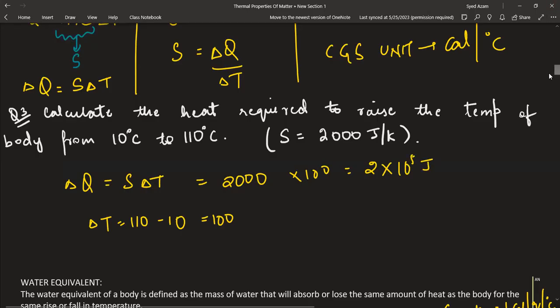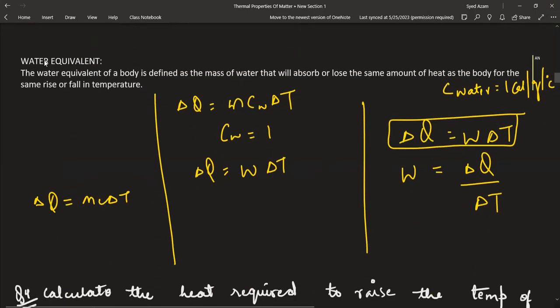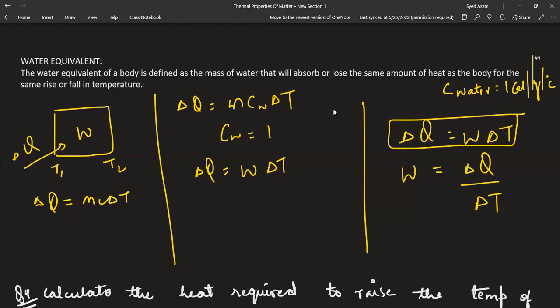Perfect. Now, there is a term which is known as water equivalent. Water equivalent means, if there is water present and some amount of heat is given to increase or decrease the temperature, this mass of water that is absorbing or losing heat is called the water equivalent.